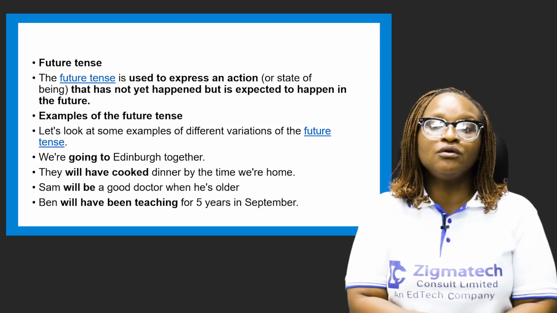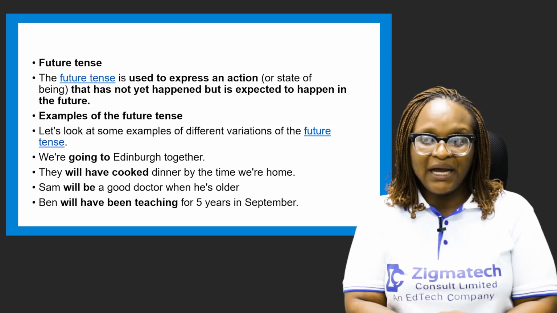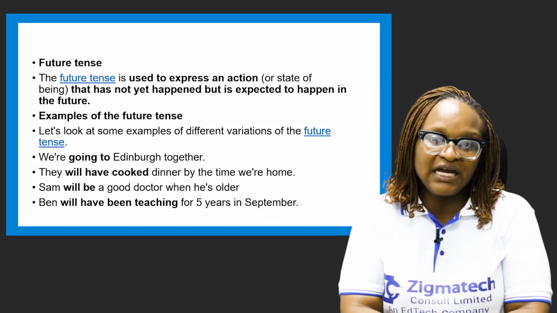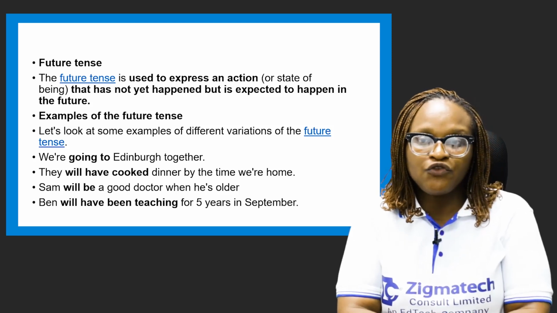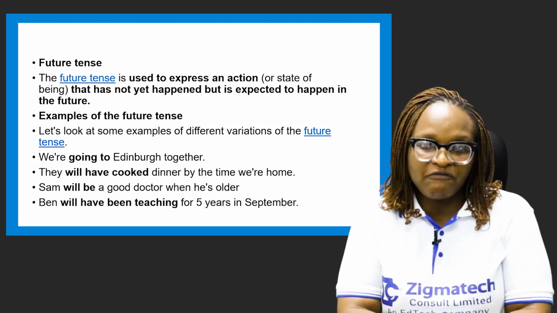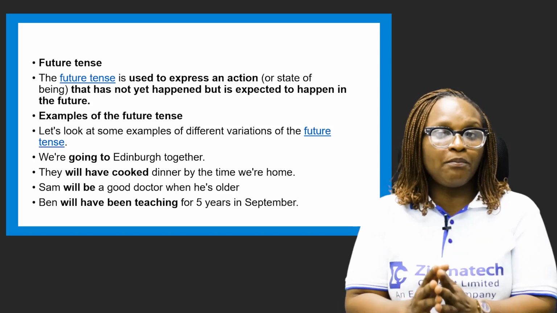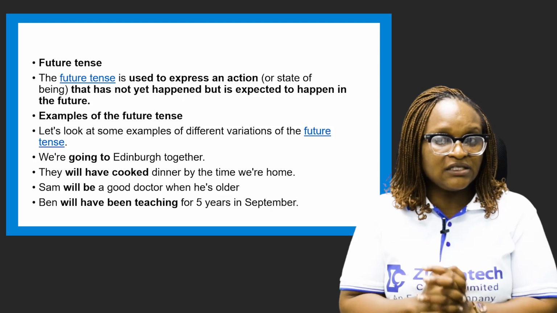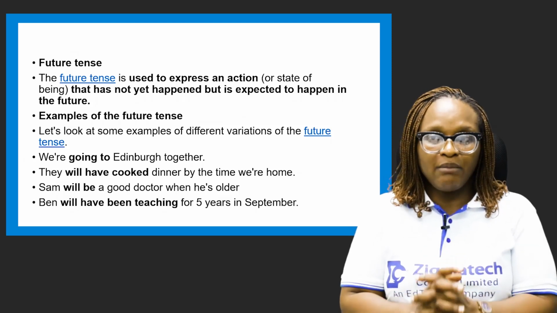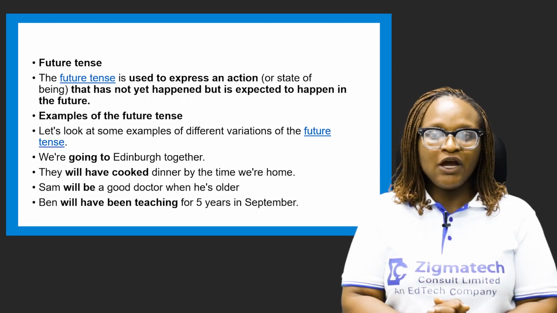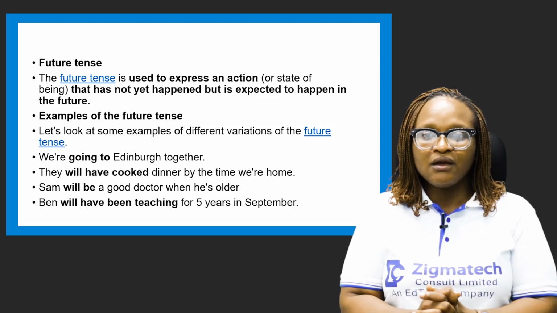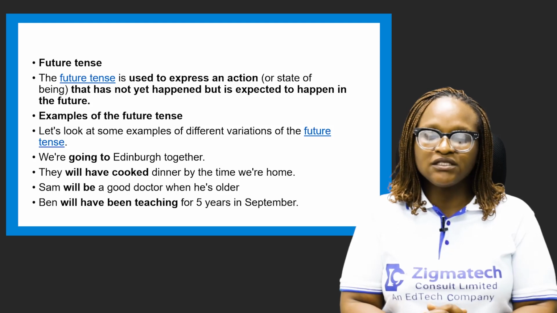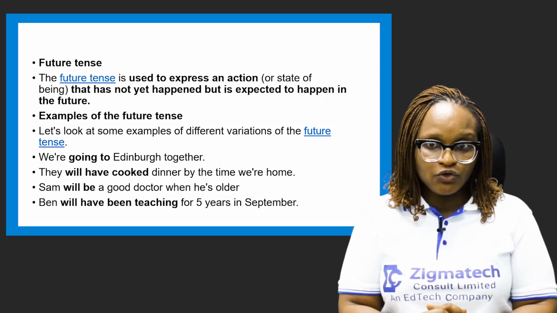Then we have they will have cooked dinner by the time we are home. They will have cooked dinner. That's future perfect tense. All right, that's future perfect tense, exactly. They will have cooked dinner by the time we are home. Then we have Sam will be a good doctor when he's older. That's still future tense.